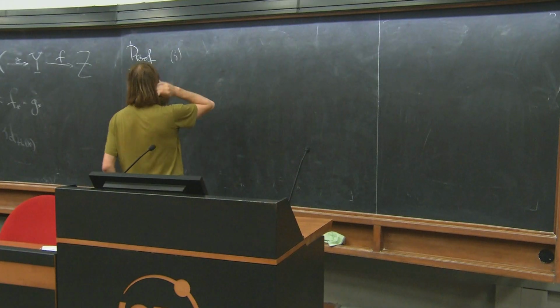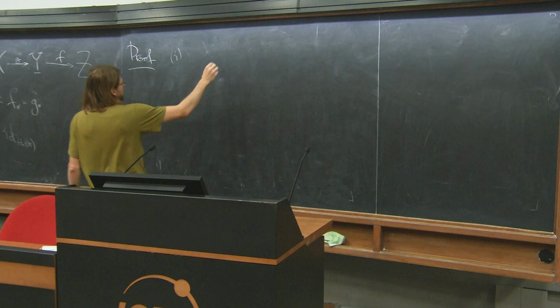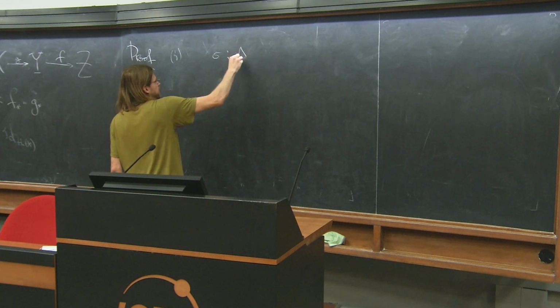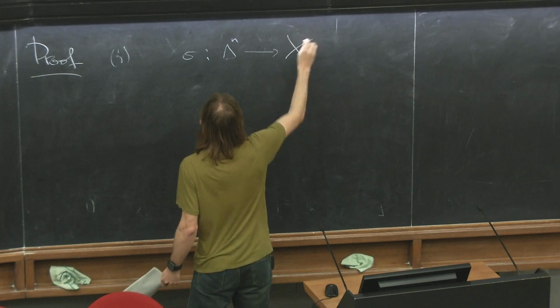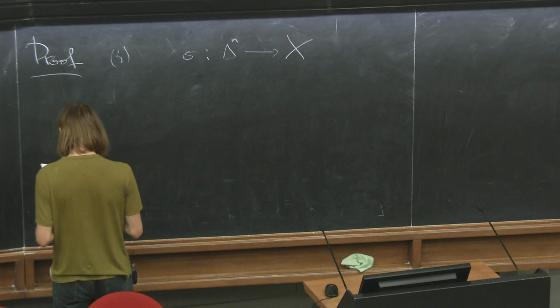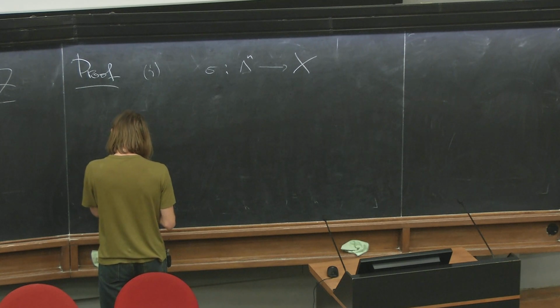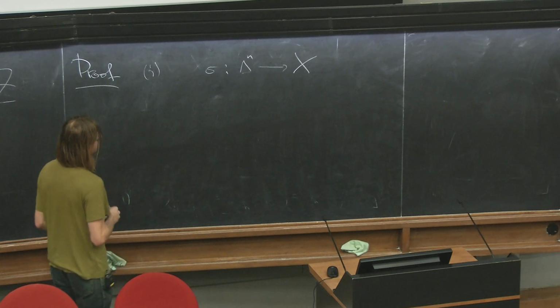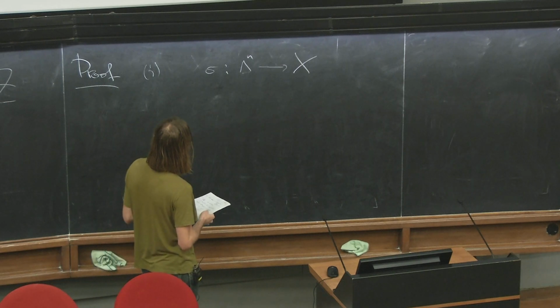Okay, let's see. So again, we need to check it on just an arbitrary generator. For a generator, take some singular n-simplex sigma in X. Well, we first consider how the induced map acts on chains.